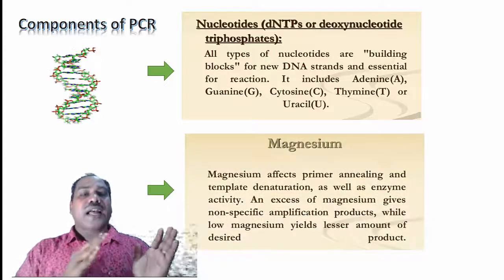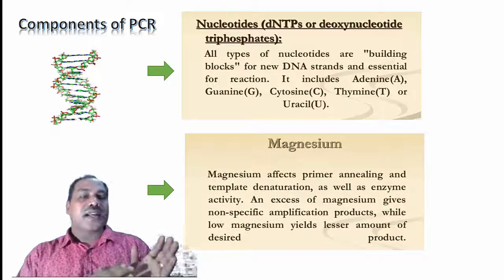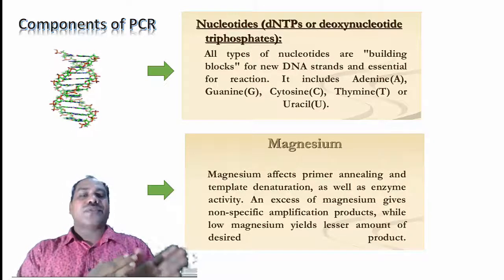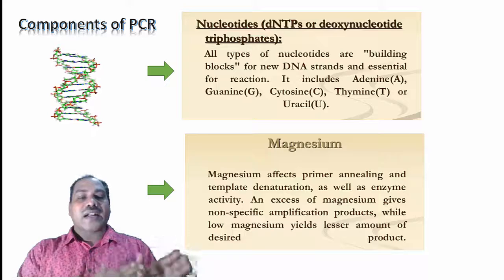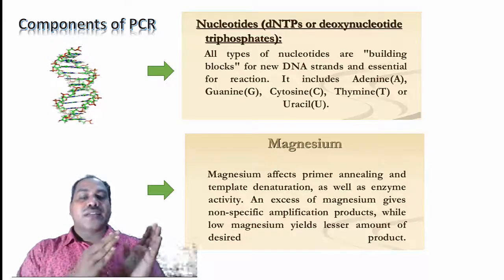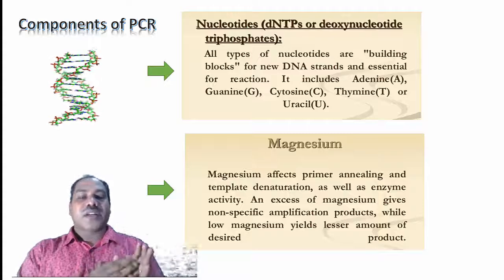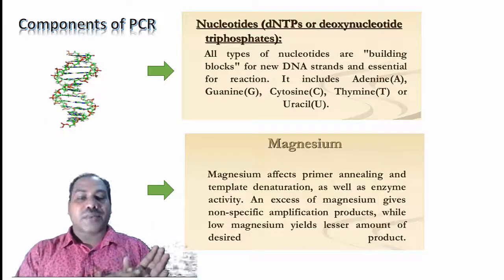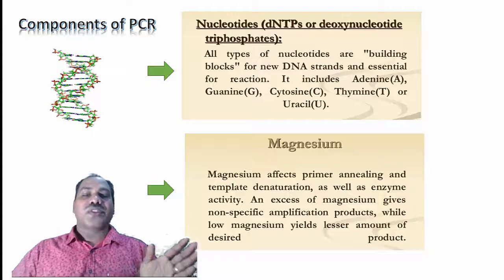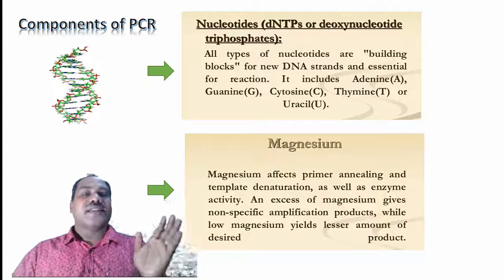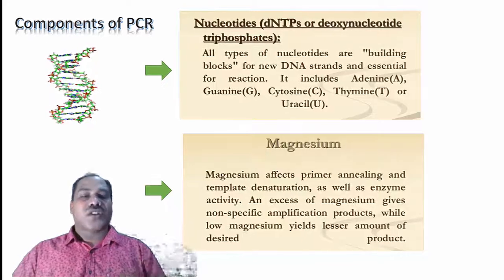And another important ion is also necessary for the PCR reaction, that is magnesium, as magnesium affects primer annealing and template denaturation, as well as it controls the enzyme activity. Excess of magnesium gives non-specific amplification products, while low magnesium yields a lesser amount of desired products. So magnesium ion is necessary for these PCR reactions.